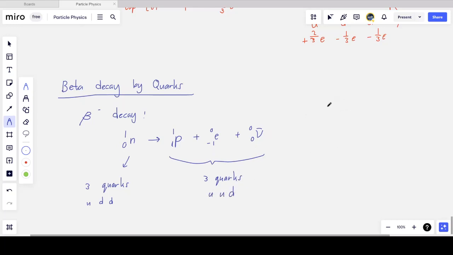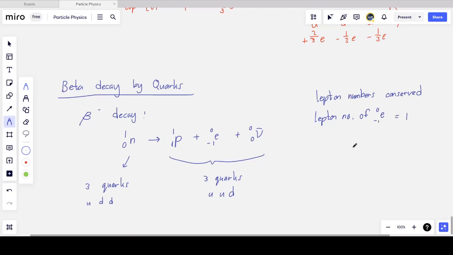And so if I look at this interaction, what I find is that if I were to count the number of leptons on either side, the lepton number on either side is conserved. How do I know that? The lepton number of the electron, of any particle that's a lepton, is 1.